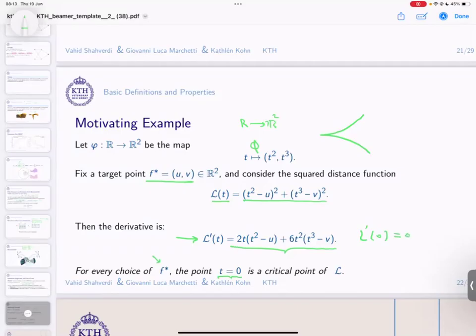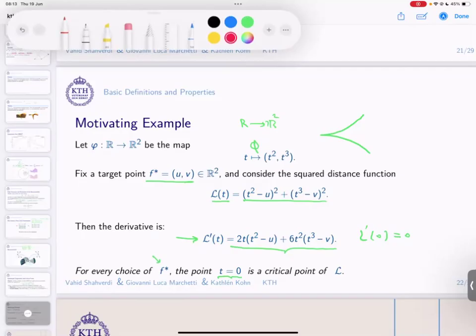So the Jacobian vanishes. It doesn't matter where I picked my data point or my data manifold, this f star. At t equals 0, that singularity is always going to be a critical point of my loss function. So the way you can visualize the previous result is that t equals 0 corresponds to this cuspidal point in my curve.